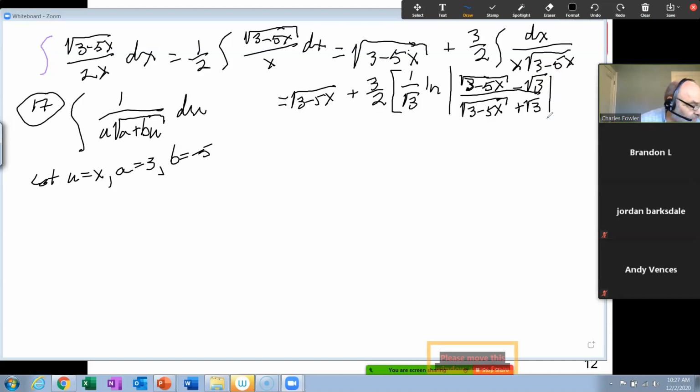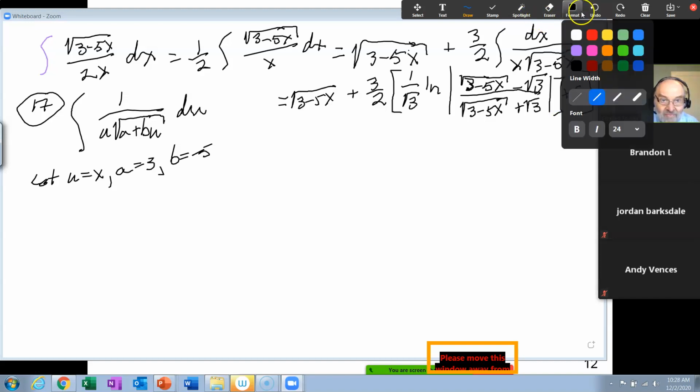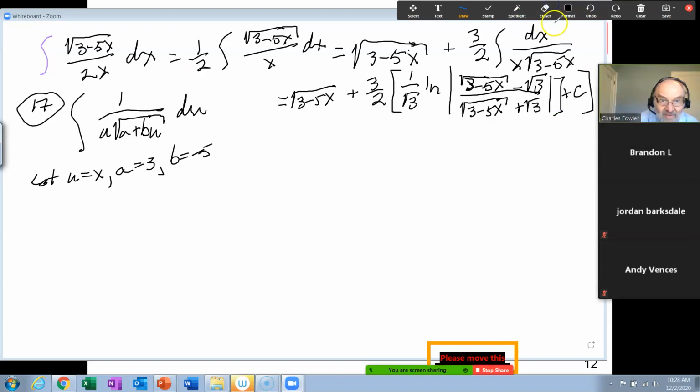Close the absolute value bar, and then you have your plus c. And I think I'm actually going to leave that plus c outside the bracket, not inside. There's really no reason to have it on the inside. We'll just leave it on the outside, and that makes life a lot easier.